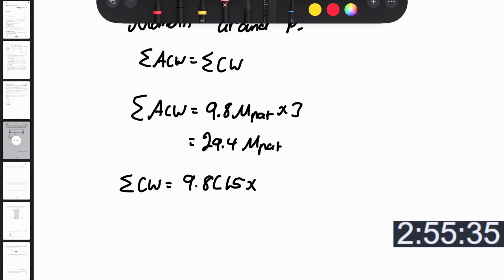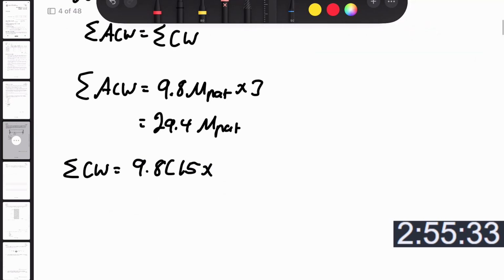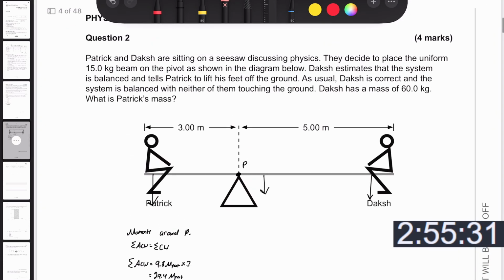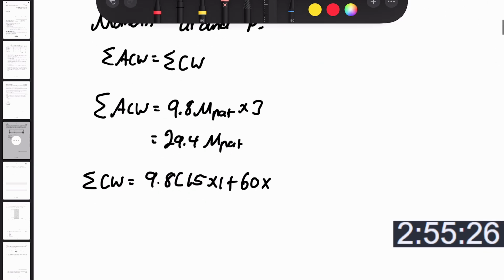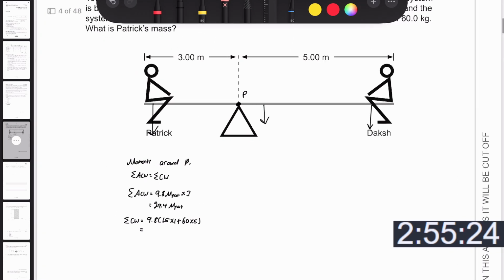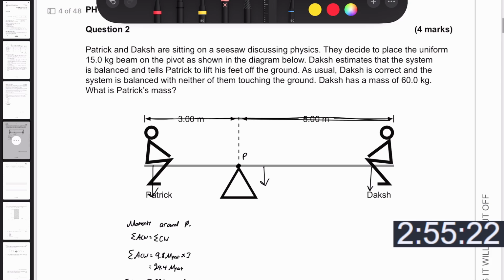Let's do the beam first. So it's 15 kilograms and it's 1 meter away. And then Dakish is 60 kilograms and he's 5 meters away, 60 times 5. The beam's weight acts at the halfway point. Since this is 8 meters all the way across, halfway we need 4. So 3 plus 1 is going to equal 4. That's how I got that length.